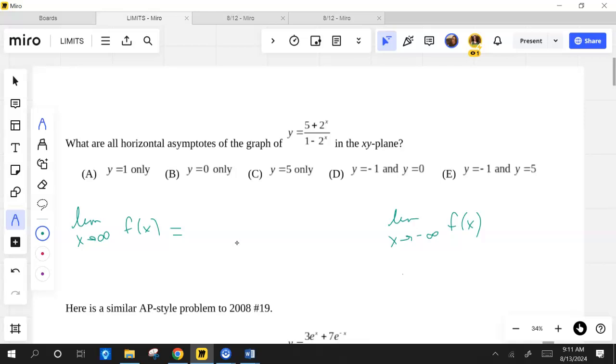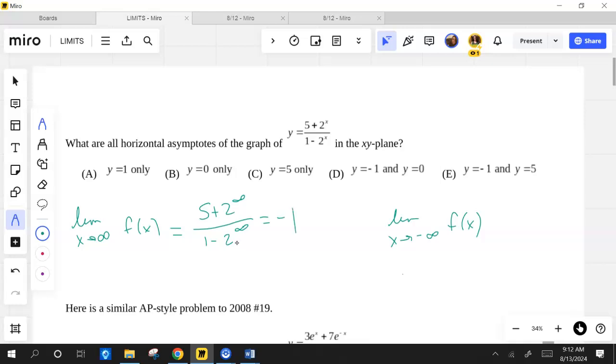All right, so what happens here if I plug in infinity? This is your time to shine. What happens here? -1.